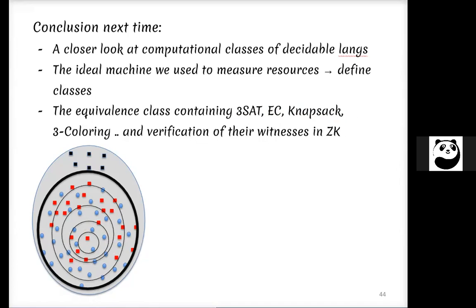And we're going to come up with an alternative definition, which is the class of problems for which we can decompose the computation into a search and a verification. And the search can be exponential, but the verification is linear. And we will look at the very first example of having that verification done in zero knowledge, meaning without revealing the witness.